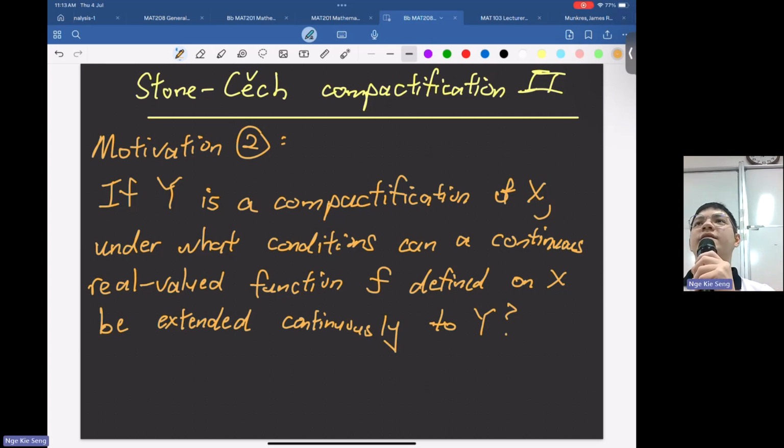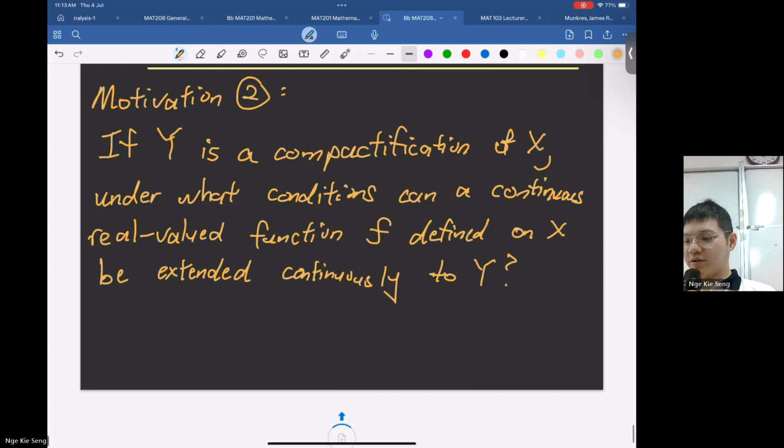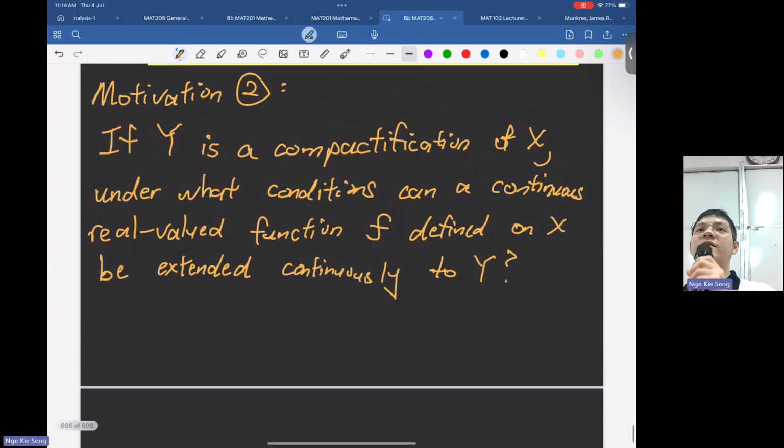What do you think? No ideas? Can you extend a bounded function or not?